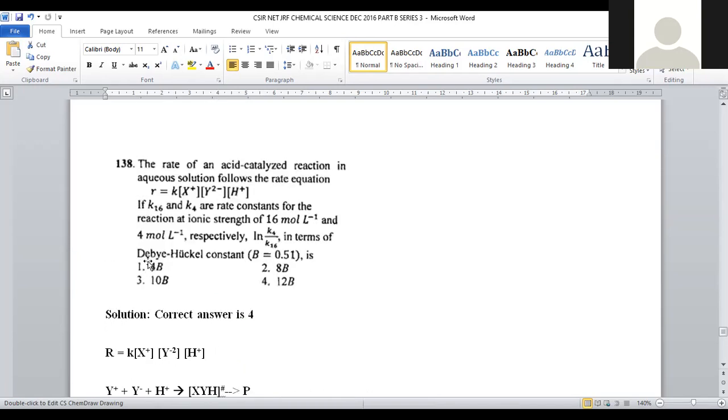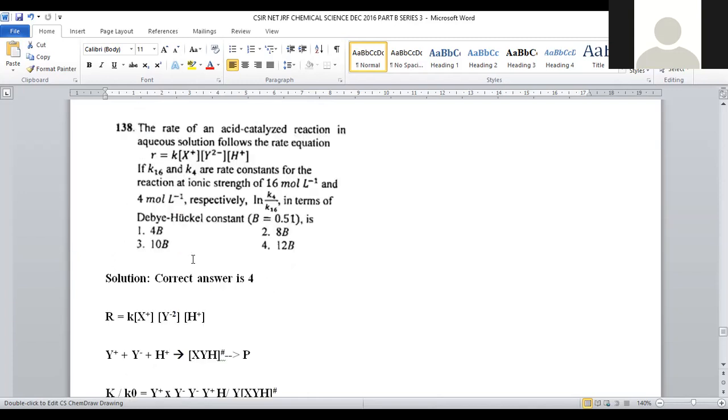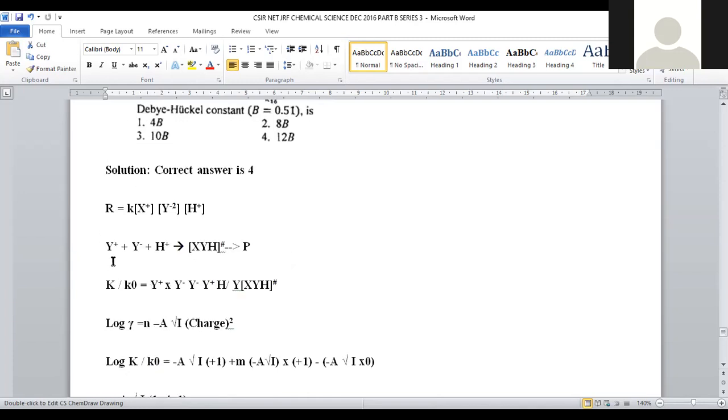For that purpose, the rate is given by K into x to the power plus, y to the power minus 2, h to the power plus. This is the rate equation. Now we are going to write the rate of the reaction. How?